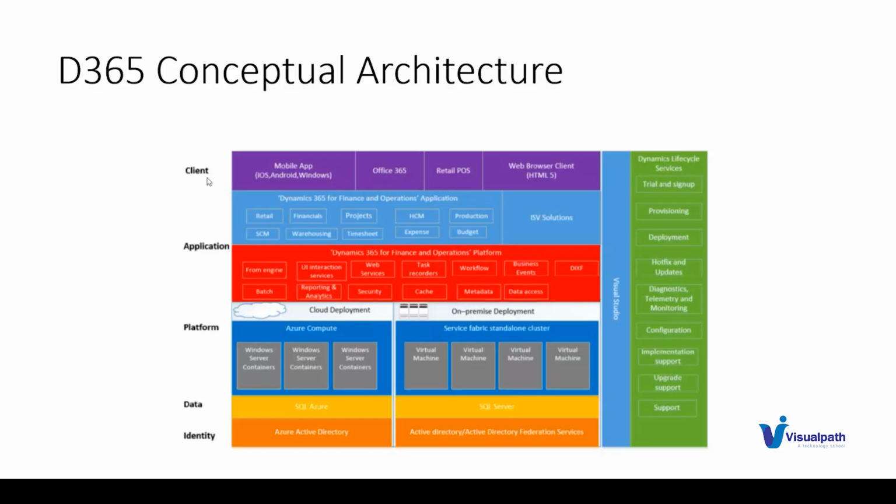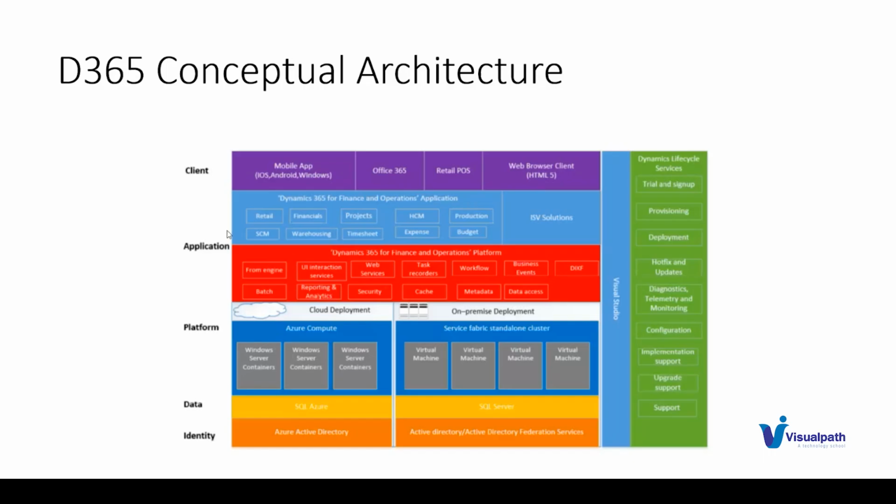The very topmost layer, I could access the F&O application using a mobile app. It could be iOS, Android, or Windows. I can access from Office 365. I can access through Retail POS or a web browser client. So these are the platforms via which I can access the F&O application.